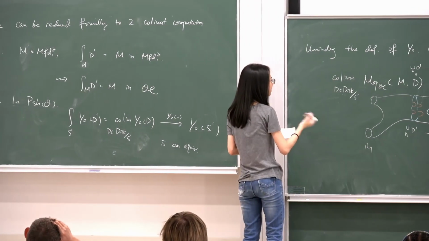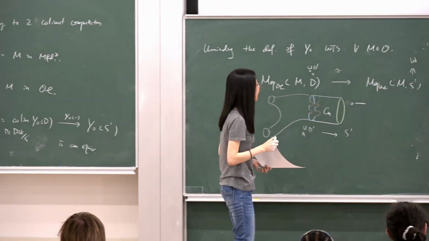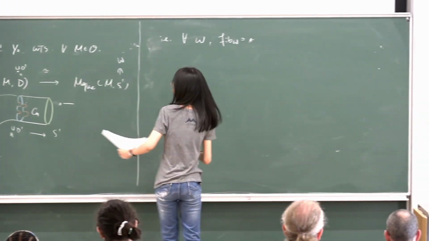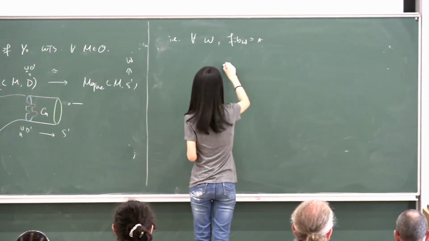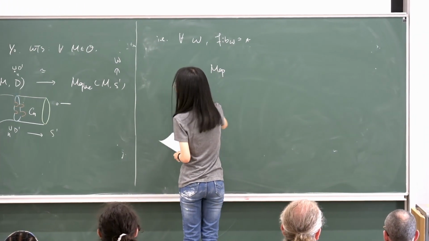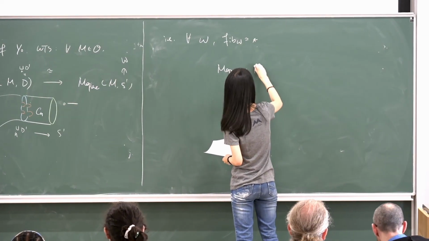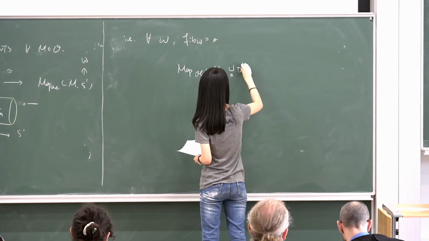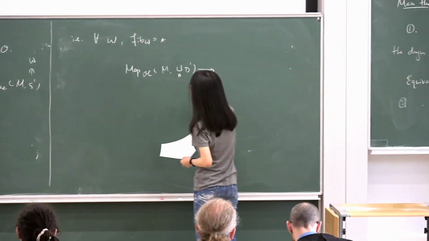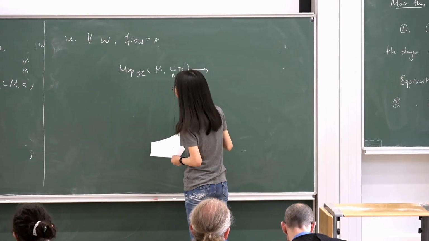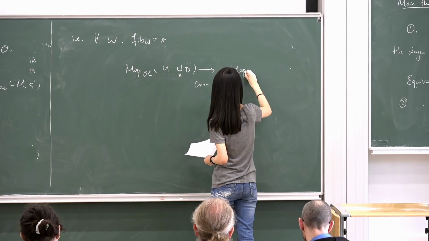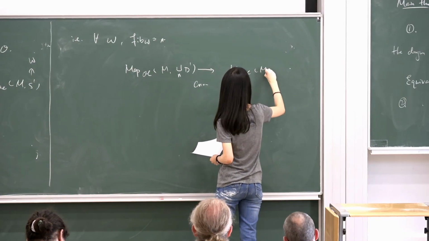You're taking fibers of a map of mapping spaces. Maybe let's just forget about the colimit for a moment and take one particular n. I map from the mapping space of OC from M to n copies of D1, and then I post-compose with Cn to the mapping space OC from M to S1.